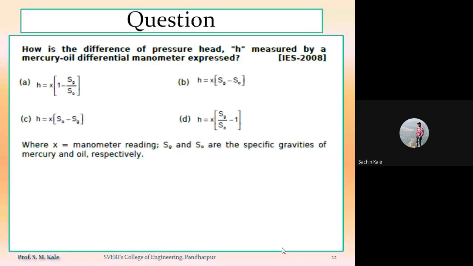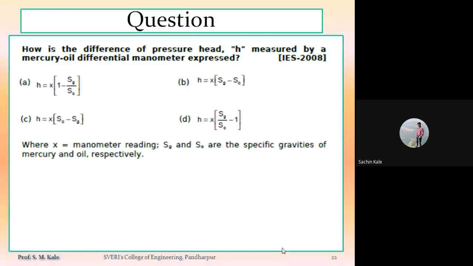In fluid dynamics, in the case of venturimeter, orifice meter and pitot tube, we have performed the practicals also. There, while calculating the total discharge, we were calculating the value of H based on x. That value depends on two categories: the manometric fluid and the fluid flowing through the pipe.